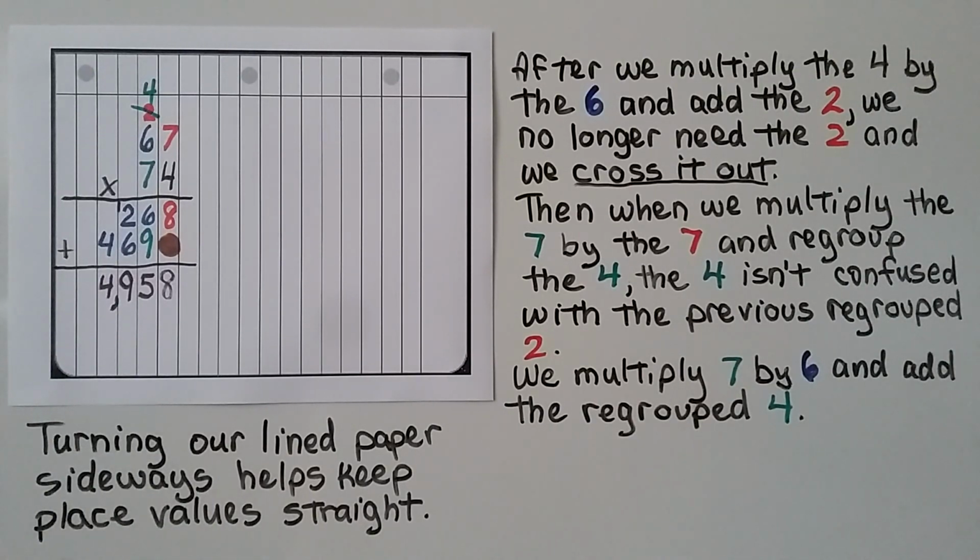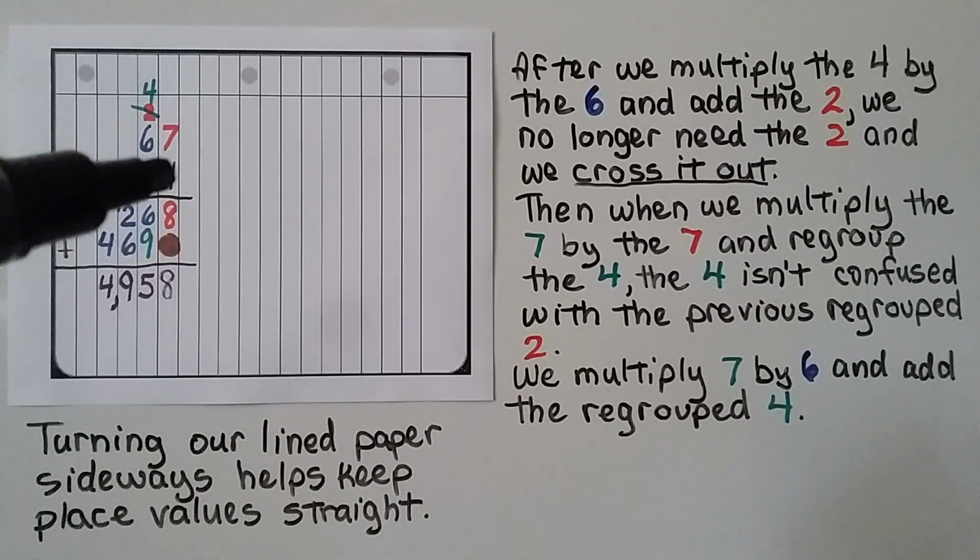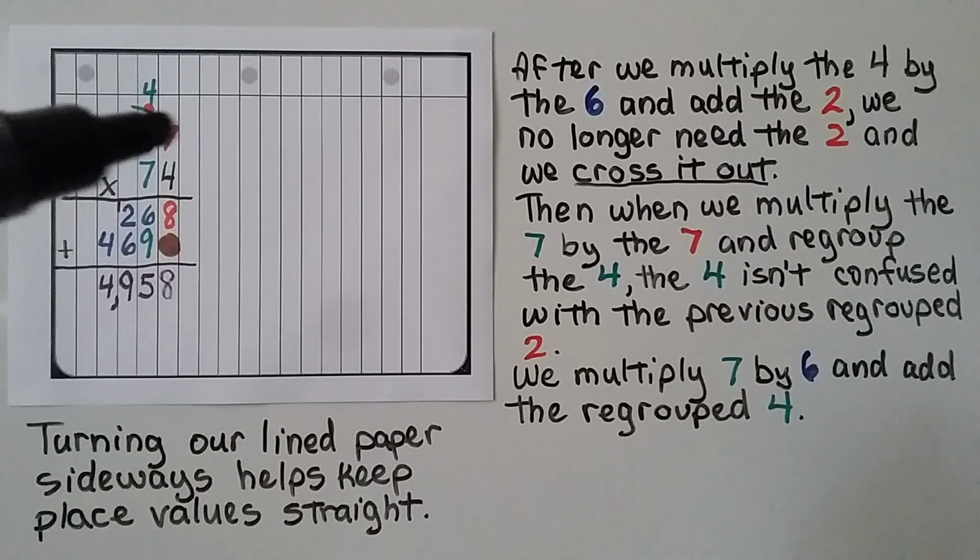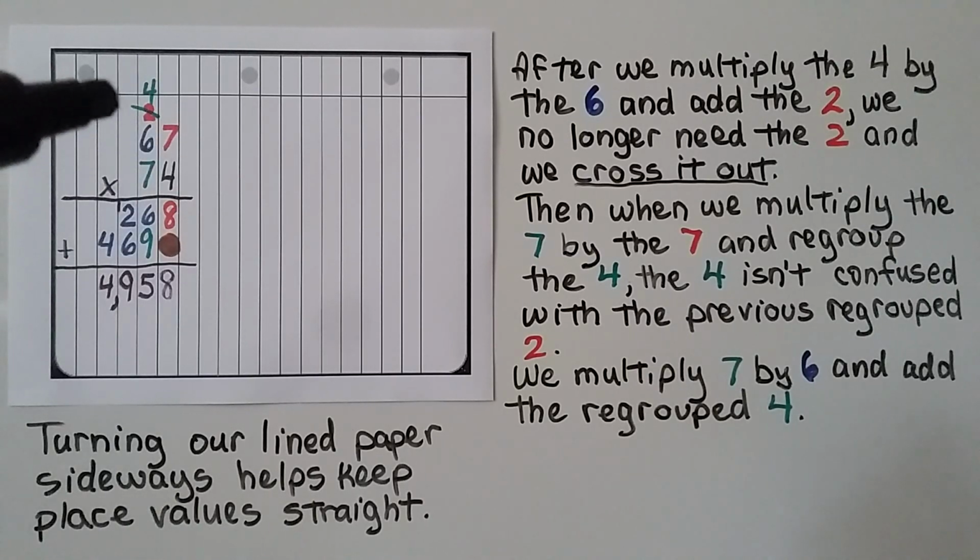We don't need it anymore. We put the 4 up here as a regrouped number. We put the 9 down here. Look, we have a 0. 7 times 6 is 42, plus 4 more is 46. We add our partial products and get 4,958.